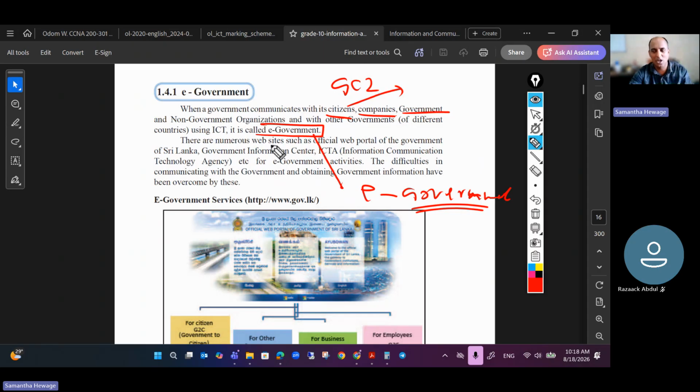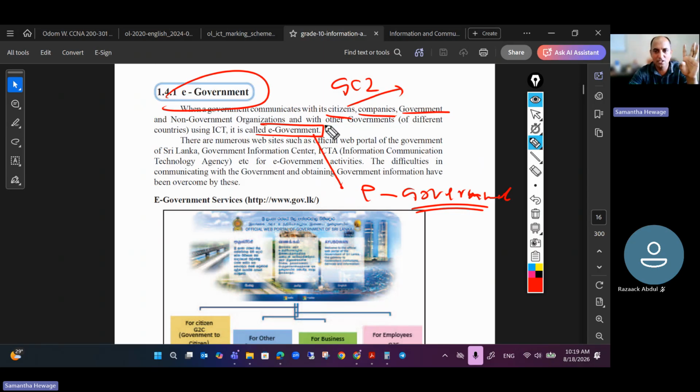A lot of government organizations are there. For example, let's say business development officers, DO, development officers, right? Those are government sector employees. Government sector employees also need some data from the government. So the purpose of e-government is providing services to four sectors.